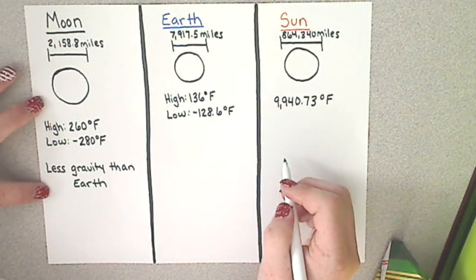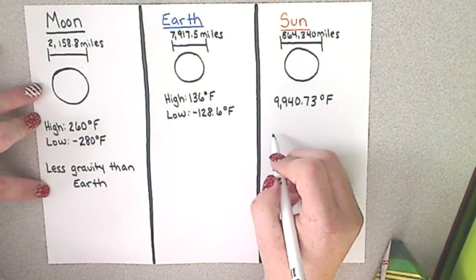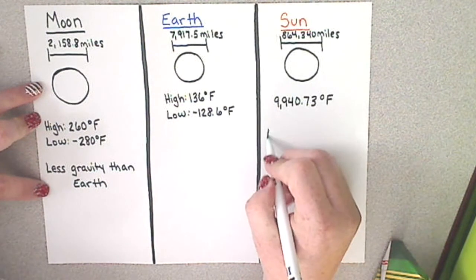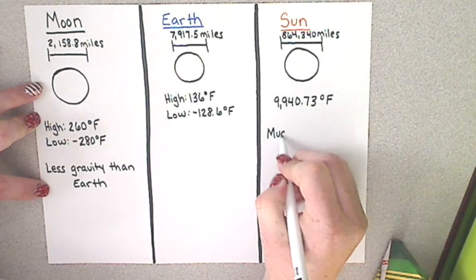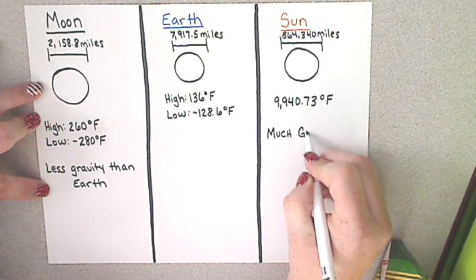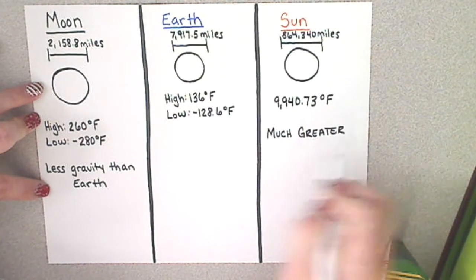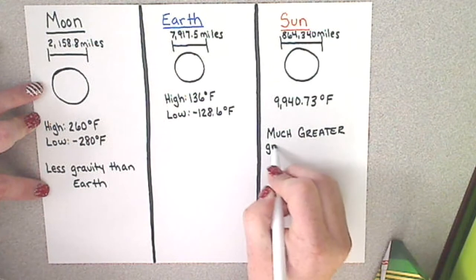And the sun has a much greater gravity. So we're going to say much, and I'm even putting that in all capital letters, much greater gravity than Earth.